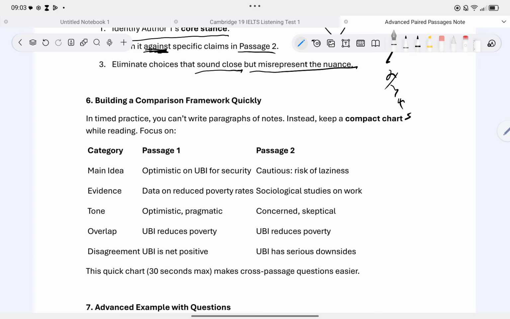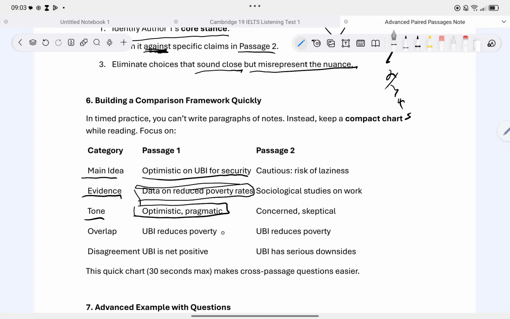For paragraph 1, identify the main idea. Write it out in your jotter. Identify the key evidence for that main idea. Write it out in your jotter. Identify the tone of the passage. Write it out.